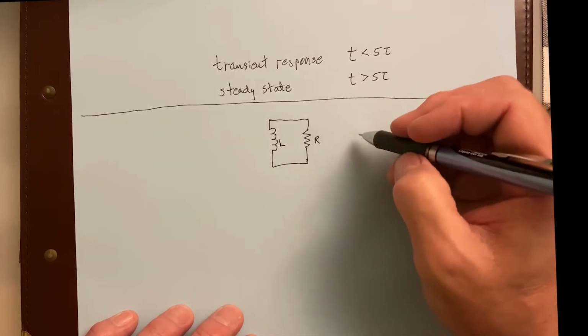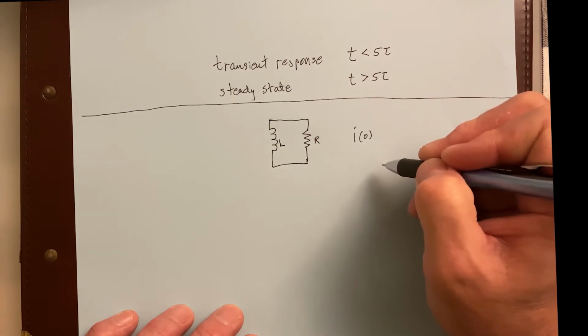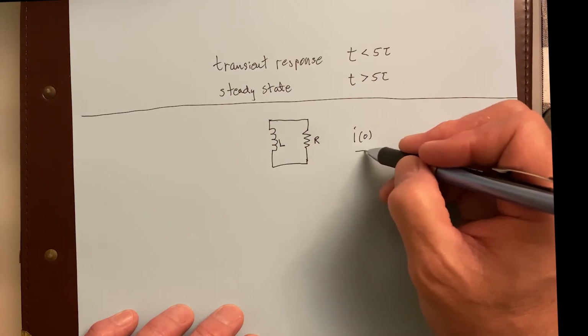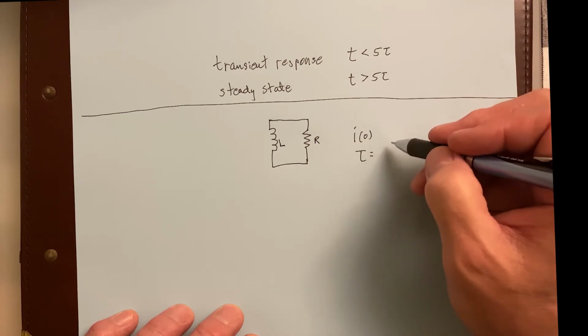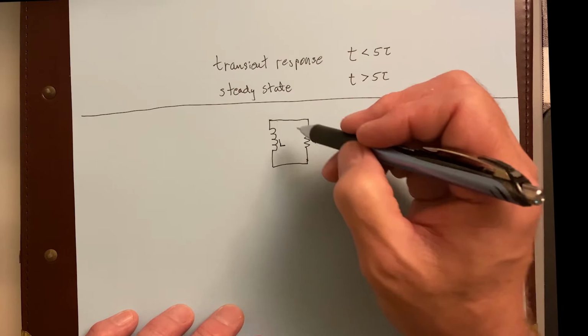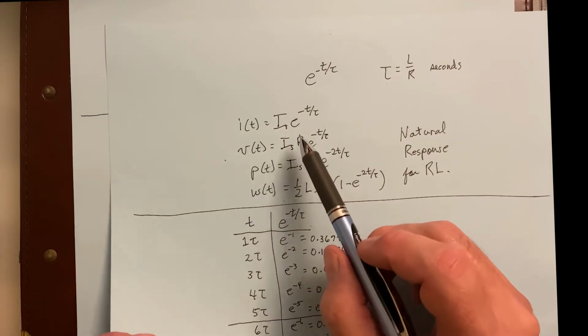Now there's some initial current going on here, so there's some I at 0. You know that there's going to be a time constant, that's the tau. So you need to figure out what the tau is. And then you could solve for any of these top two components here.